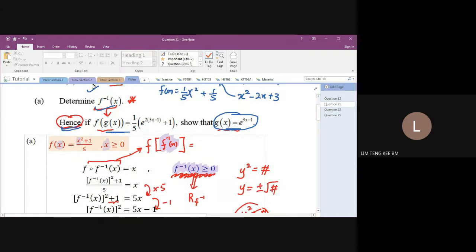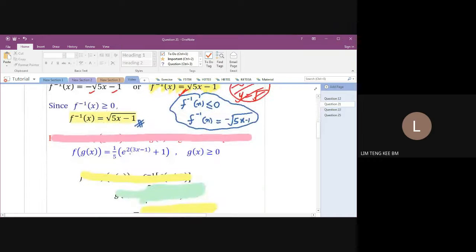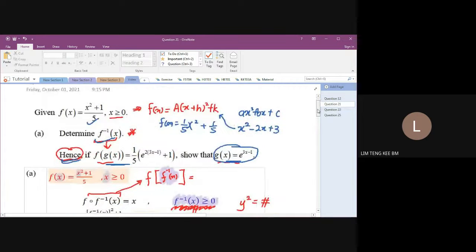So let's see. Based on the info, we know that my fg is given by this function here. And here, you realize that I have one condition, where g is greater than or equal to 0, which is not stated in the question. How do I get it? Again, you refer back to the questions on top.